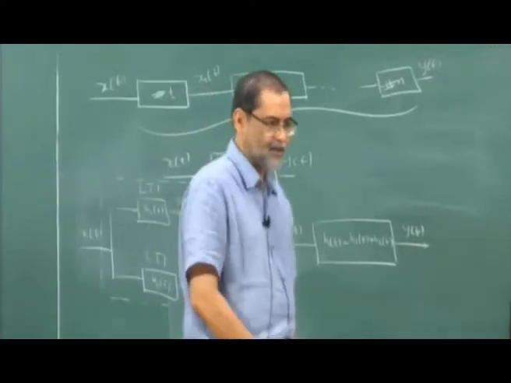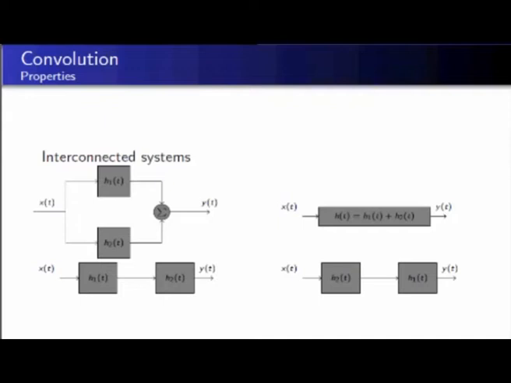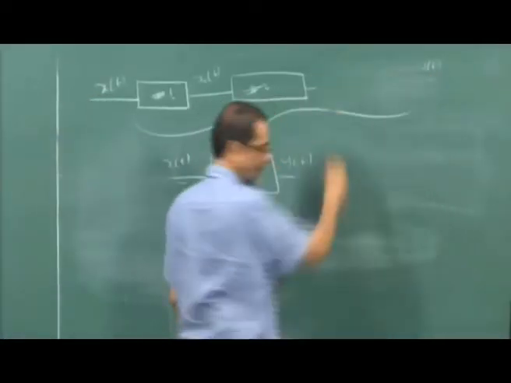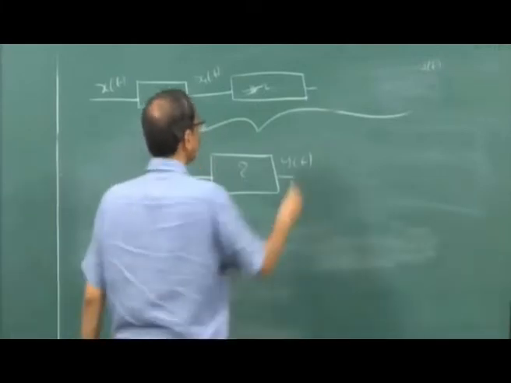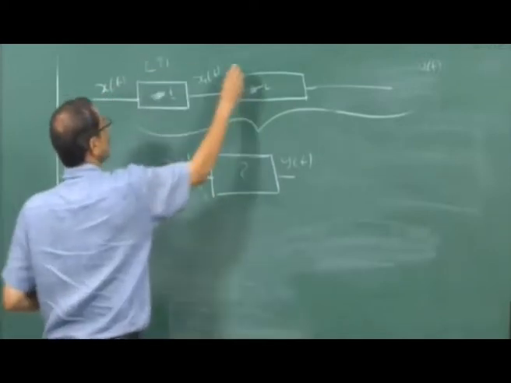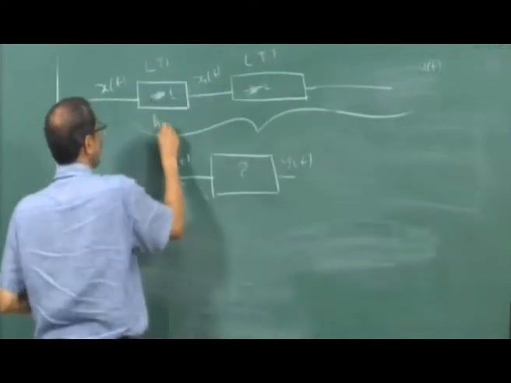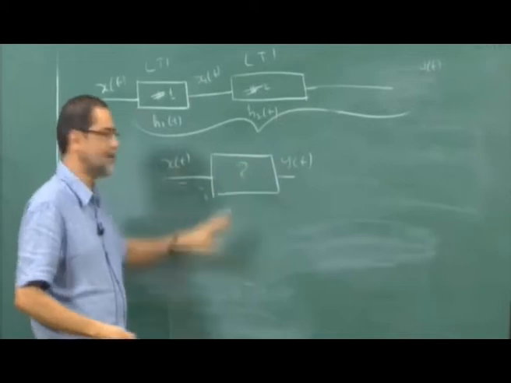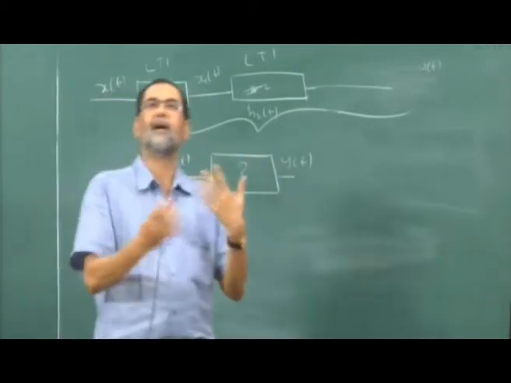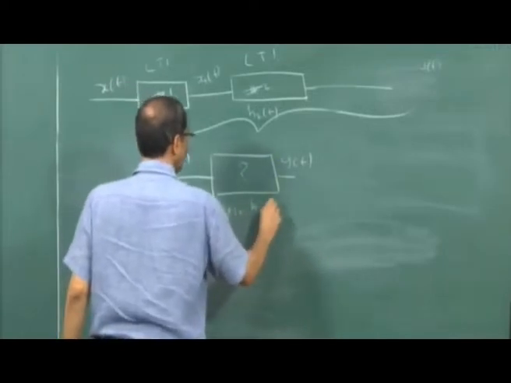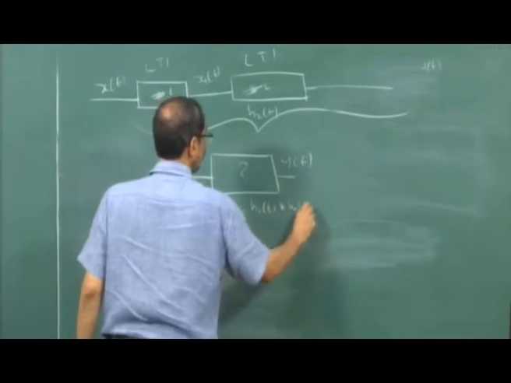Next, I talk about the tandem connection of systems, one after the other, and multiple things are possible. One is if you connect systems one after the other. Let me for example just take two systems rather than n systems for the purpose of illustration. If the constituent systems are LTI, with impulse responses h1 and h2, then the combined system will have a new impulse response h of t, which you can show is the convolution of h1 and h2.